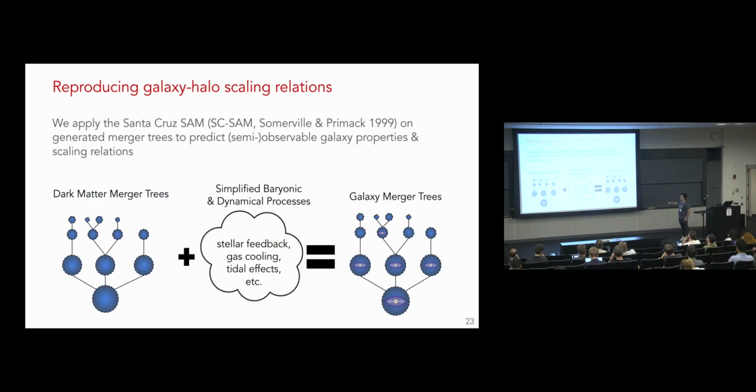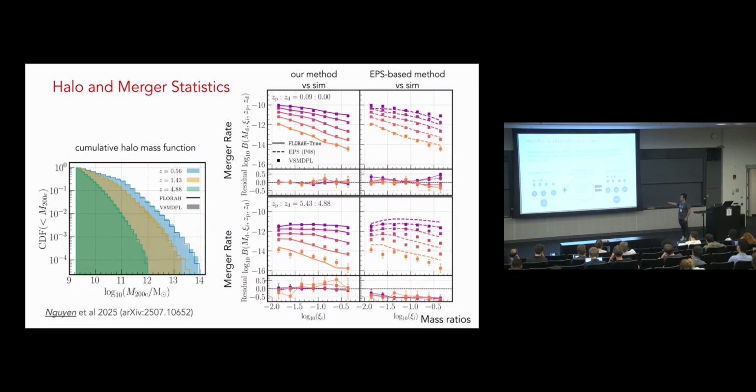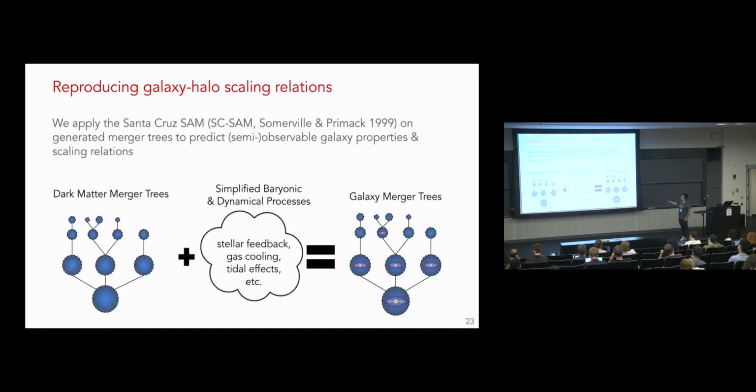Even if all these summary statistics I'm showing you agree, if for some reason I predict different galaxy properties than the merger trees extracted from N-body simulations, that's not good. That's actually really bad. So you also want to apply the semi-analytic galaxy formation models that you would normally apply to solve physics problems to this, and see if the properties match. That's one of the things that we do.